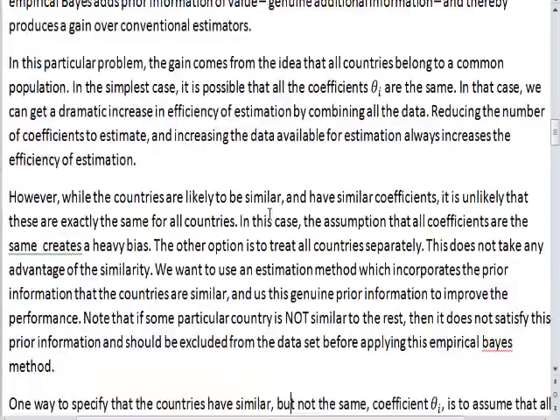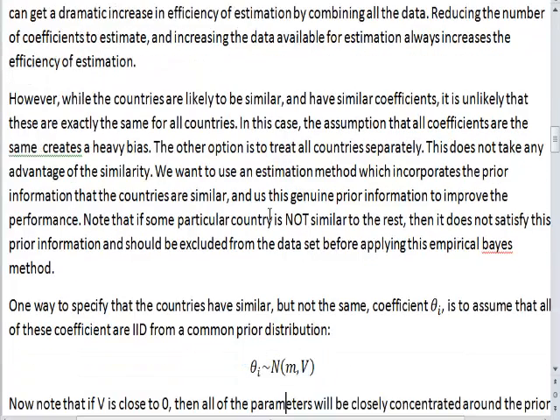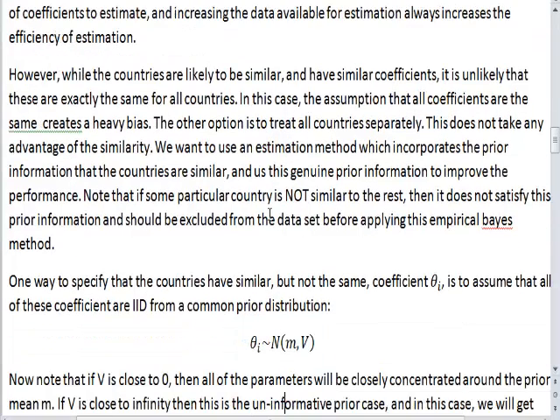Okay, so we understand that the countries are likely to be similar, in the sense that all are countries in this world, they are all using monetary policy, and economies work in similar ways. So they should have similar coefficients, but it is unlikely that the mean, which is the average ratio, should be exactly the same in all countries.